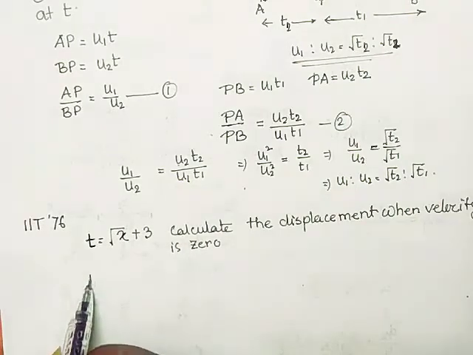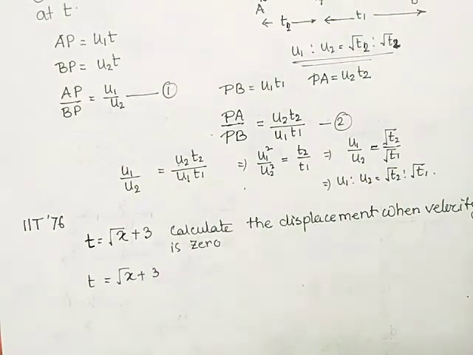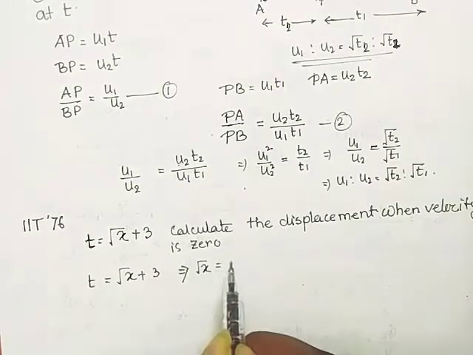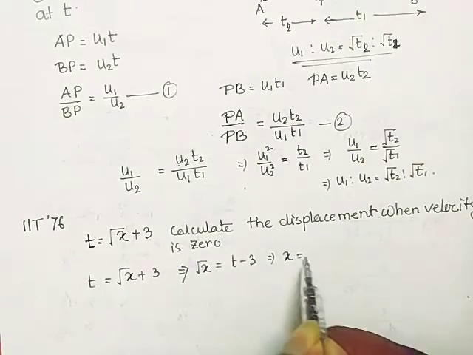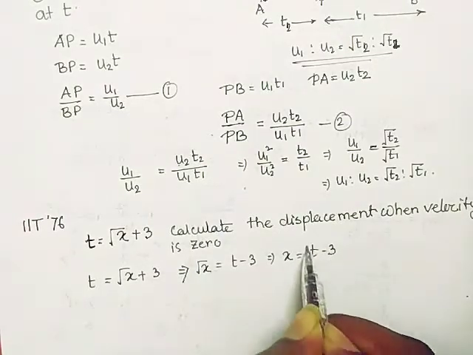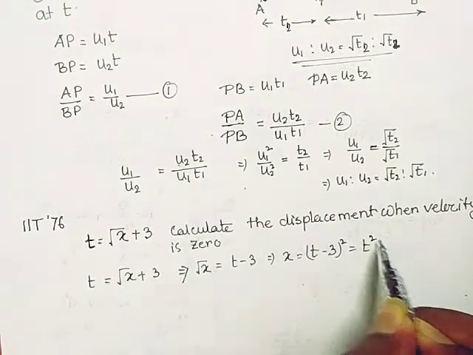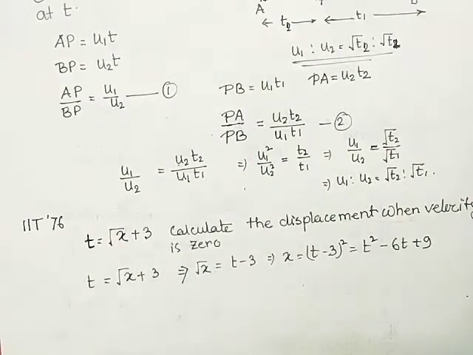Now from this equation, t equal to root over of x plus 3, you have to find out the velocity first. So root over of x equals t minus 3, so x equals t minus 3 whole square. It will become t square minus 6t plus 9.